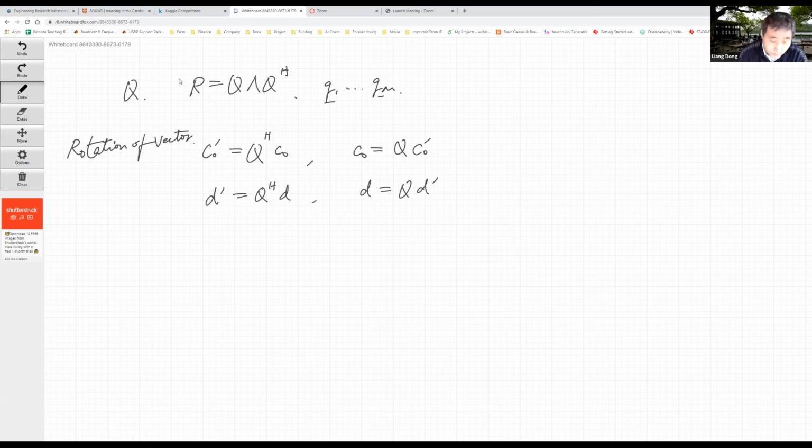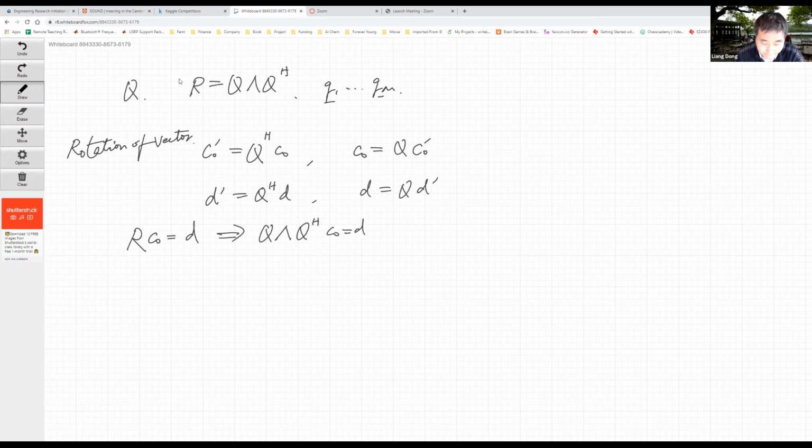We are doing that because we can simplify the solution of the normal equation. That's the normal equation we want for minimum mean square error. Then I plug in R using this Eigen decomposition, Q lambda Q Hermitian, for R times C0 equal to D.